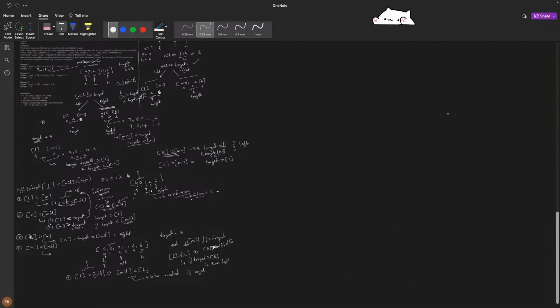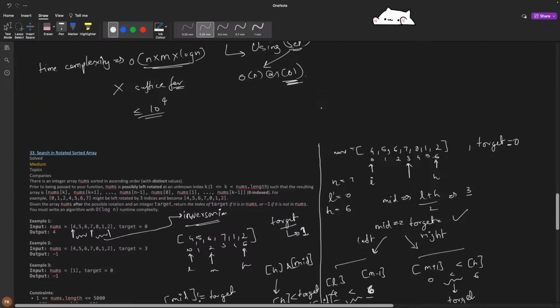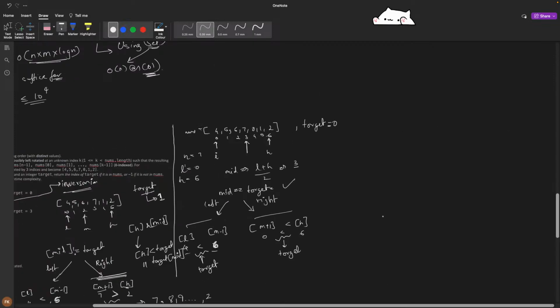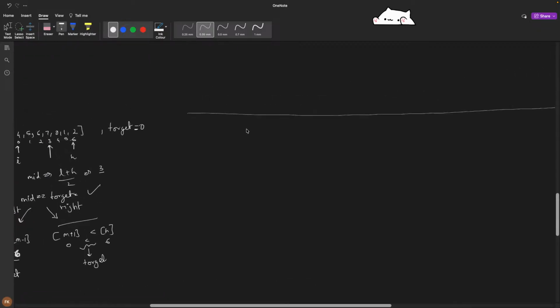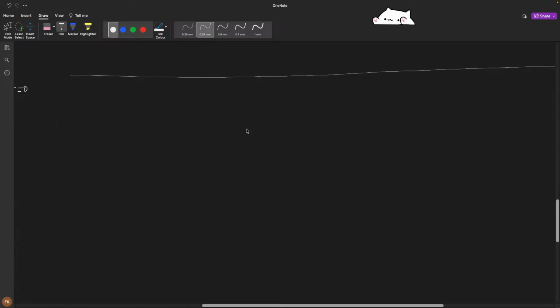Just do a dry run. If I had the array as 4, 6, 0, 1, 2, 3, size is 6, and the target is, for example, 6.